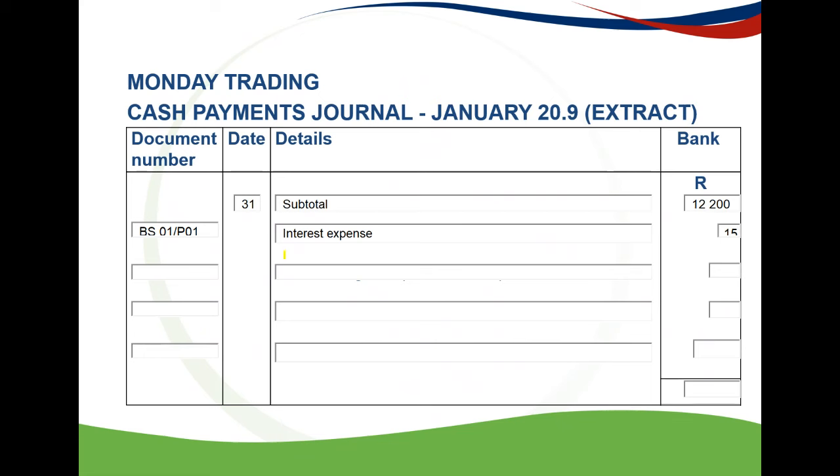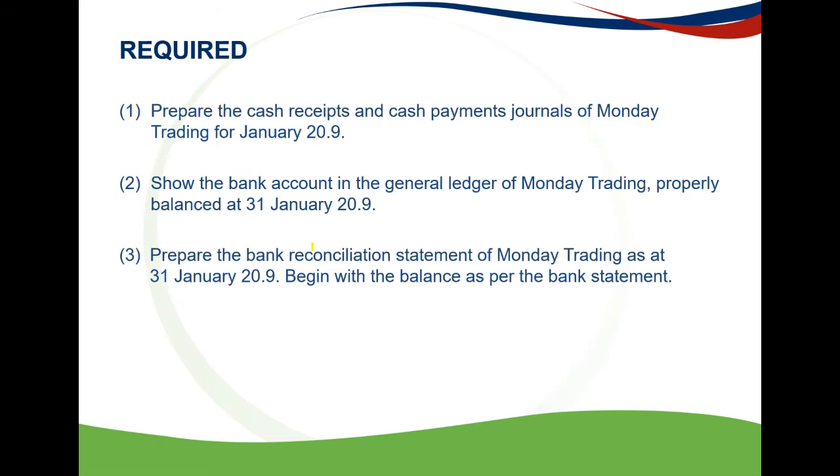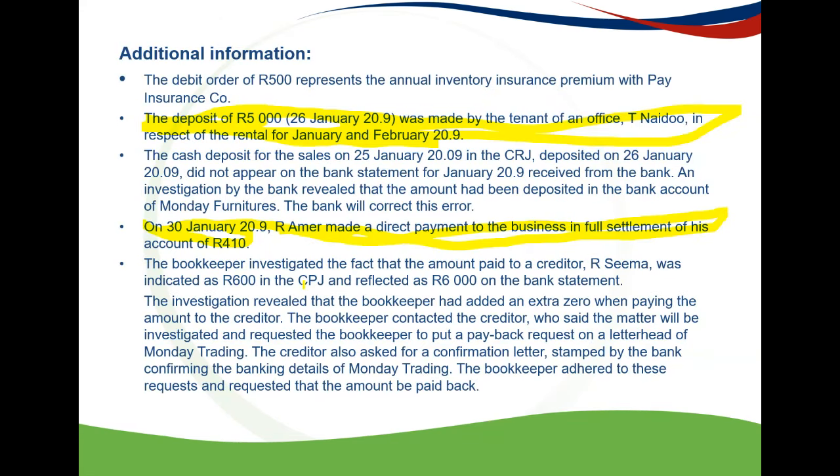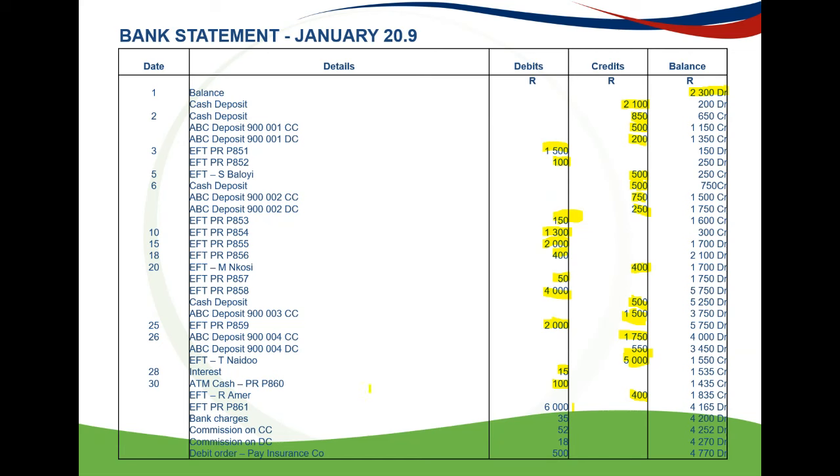Then we go back. We will see that there's bank charges. Now, remember this commission on all your deposits, that forms part of your bank charges, although it's shown separately. Bank charges could be for anything, like if they printed material for you for the bank statements themselves.